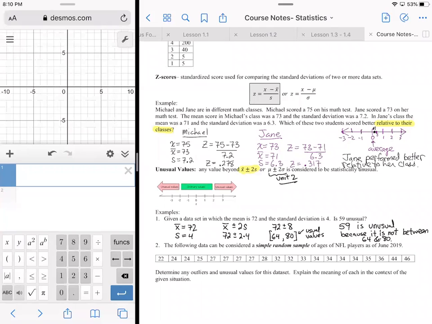But a simple random sample is just saying that I took all the names of all the people that were in the NFL in the year 2019, put all their names in a hat, and then randomly selected 20 names, and then recorded the ages of the individuals I selected.